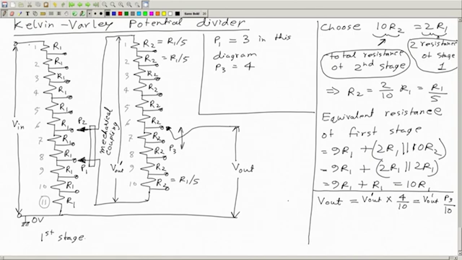This is V out prime. Now how much is V out prime? This will be the voltage drop across these two terminals. So V out prime is therefore V in, the total voltage, divided by the total resistance. Total resistance is how much?